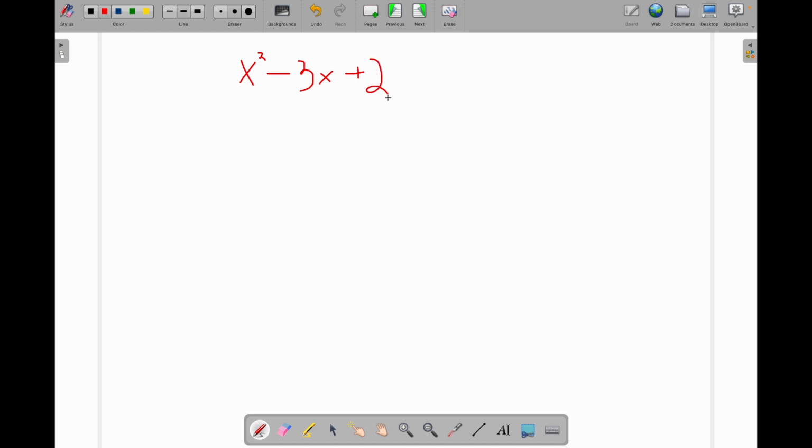We can factor this. You don't have to go through the long way of doing the negative b squared, yada yada yada. You can do it more intuitively.